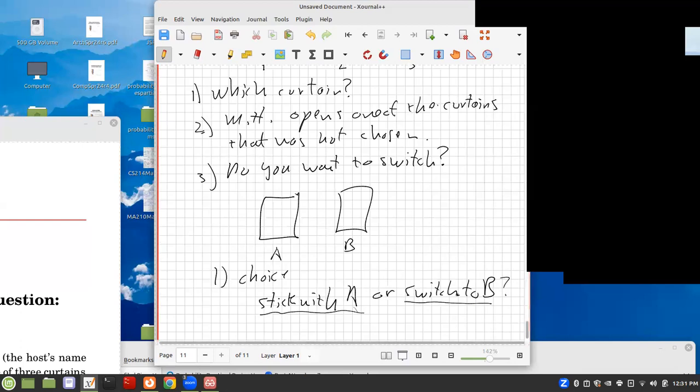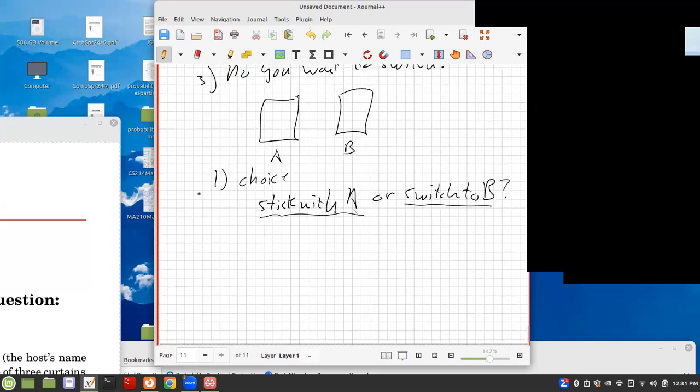However, sticking with A or switching, the question is the probability. Does it matter? Is it 1/2, or is there a different probability? So the questions you have are: A, what is the best strategy?